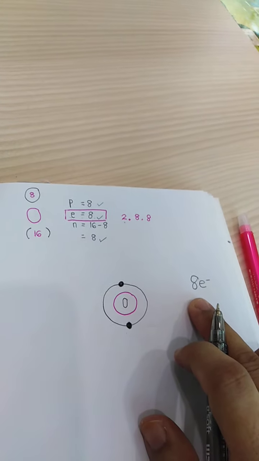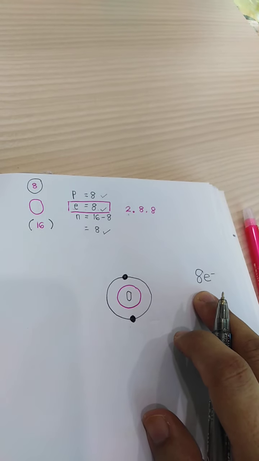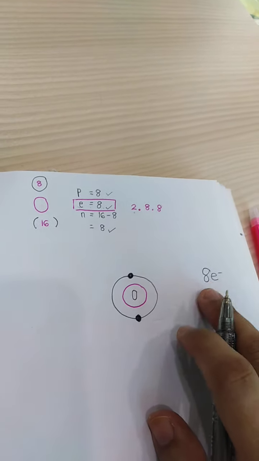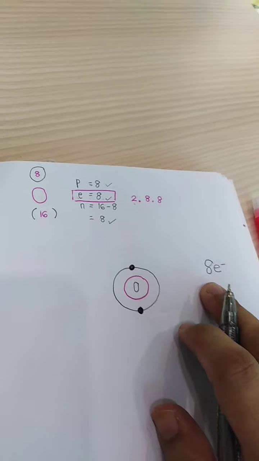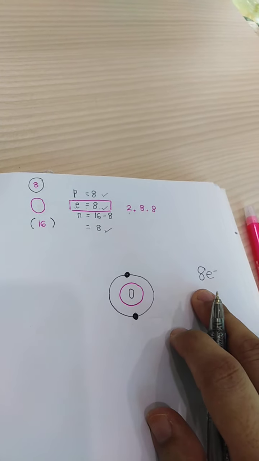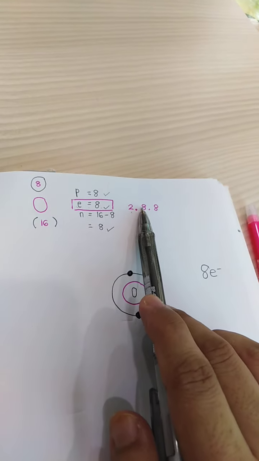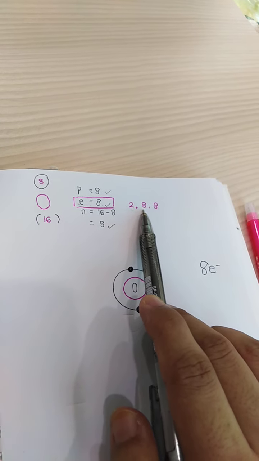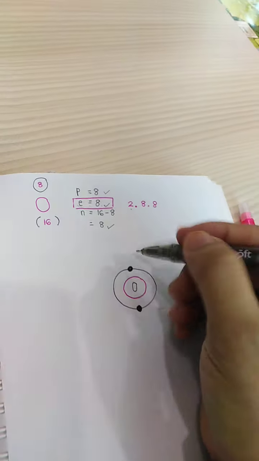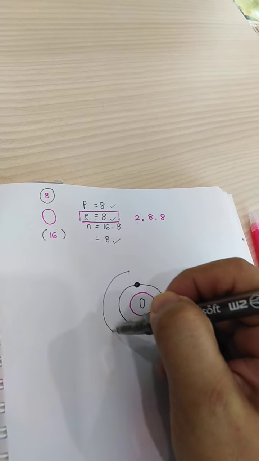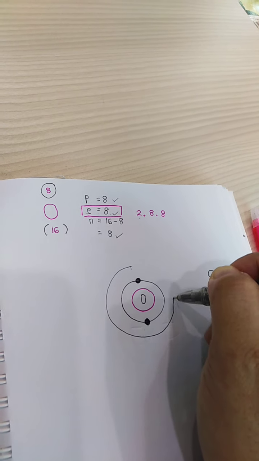I have another 6 balance of electrons that I haven't drawn yet. So 6 electrons I should draw in the second electron shell. So what I should do now is draw the second electron shell.